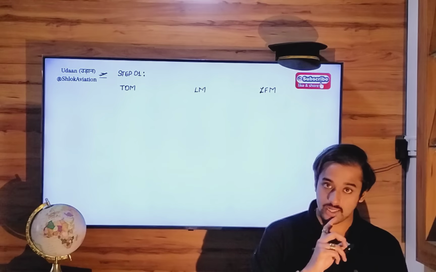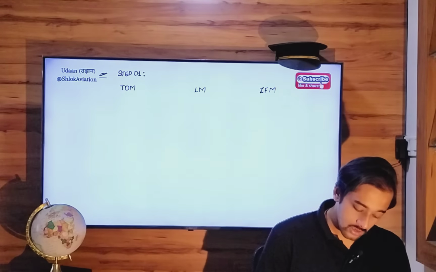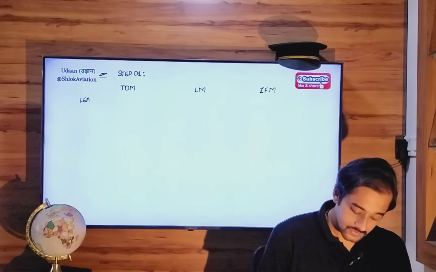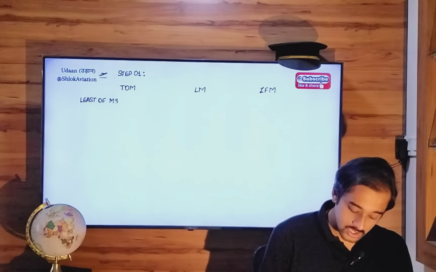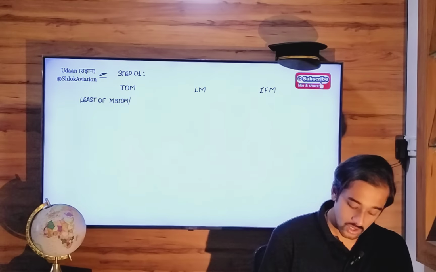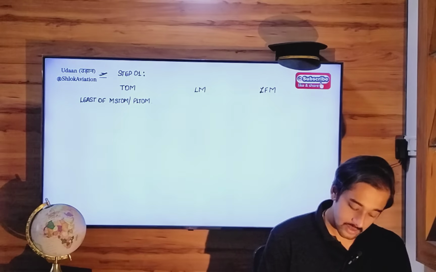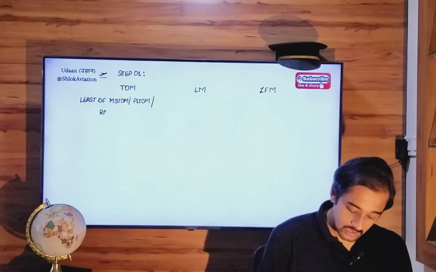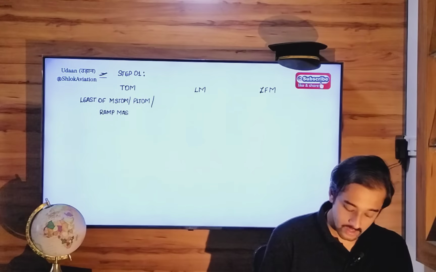Now in the takeoff mass column, you have to write that value which is the least of maximum structural takeoff mass or performance limited takeoff mass or ramp mass minus taxi fuel.